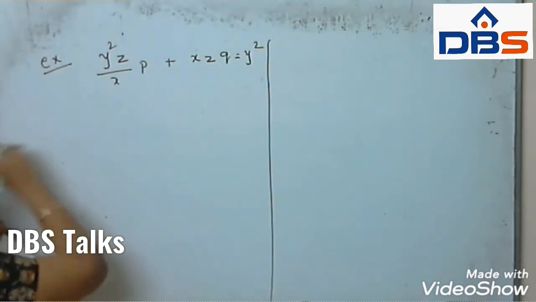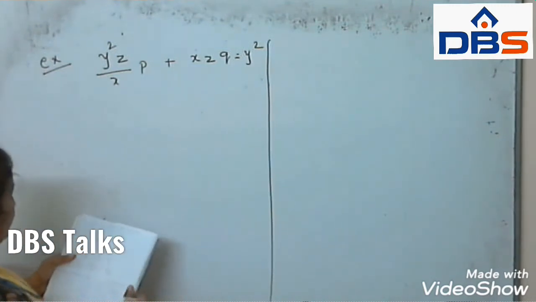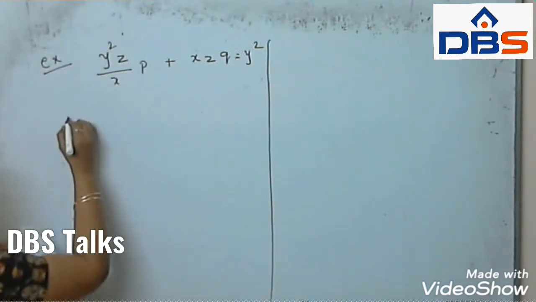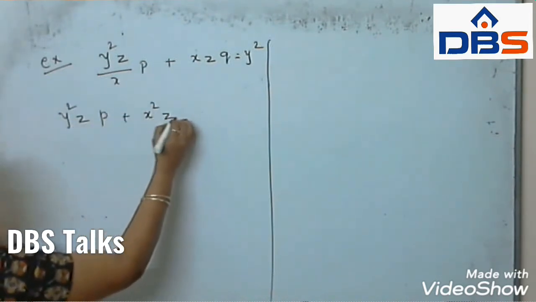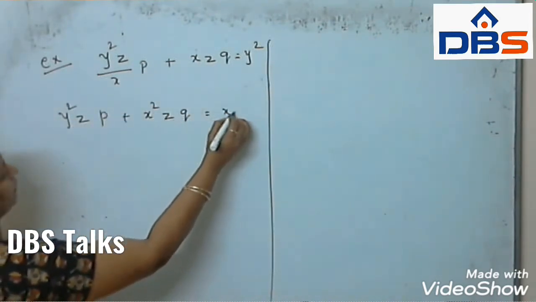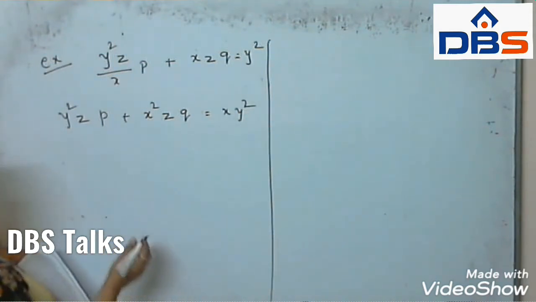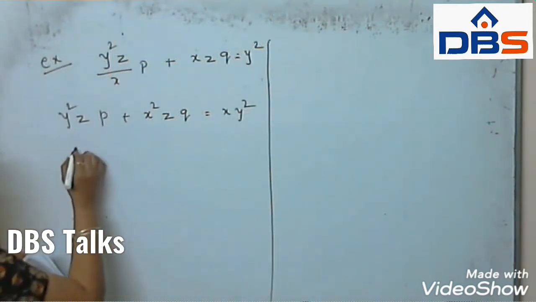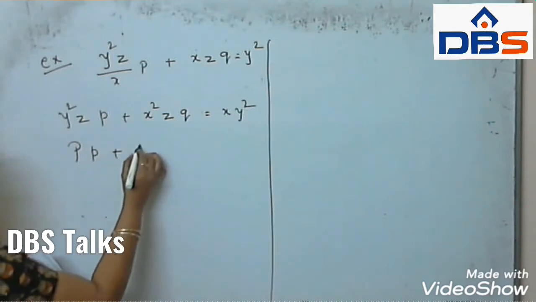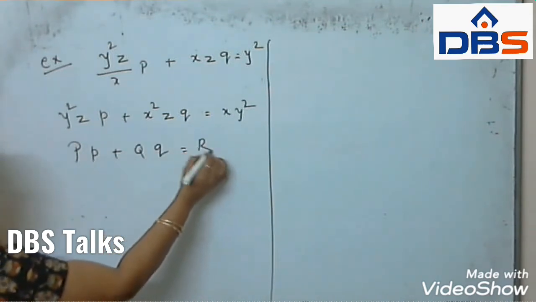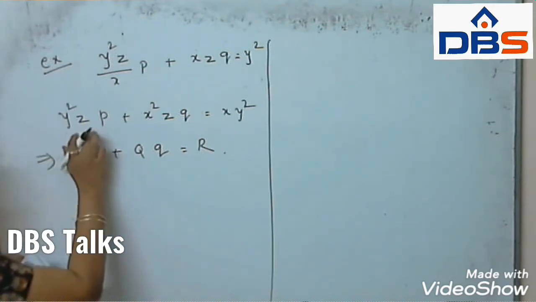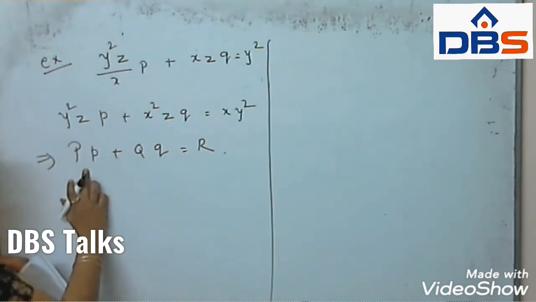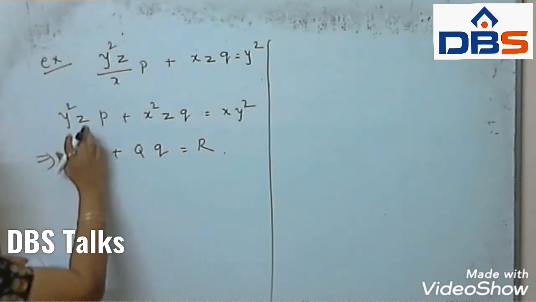If you take the LCM, y square zp plus x square z cube equal to xy square. So now it is in the form of Pp plus Qq equal to R. Now compare the given equation with the standard form.